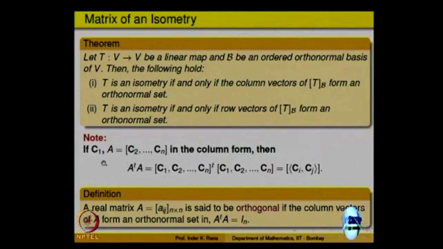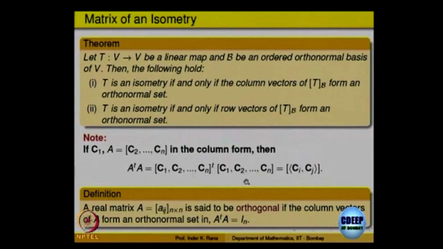So let us write the matrix A, whose column vectors are C1, C2, up to Cn. A matrix can be written as its columns only. Then what is A transpose A? Columns transposed will give you the rows. So this is just Ci transpose Cj, a row multiplied by a column.